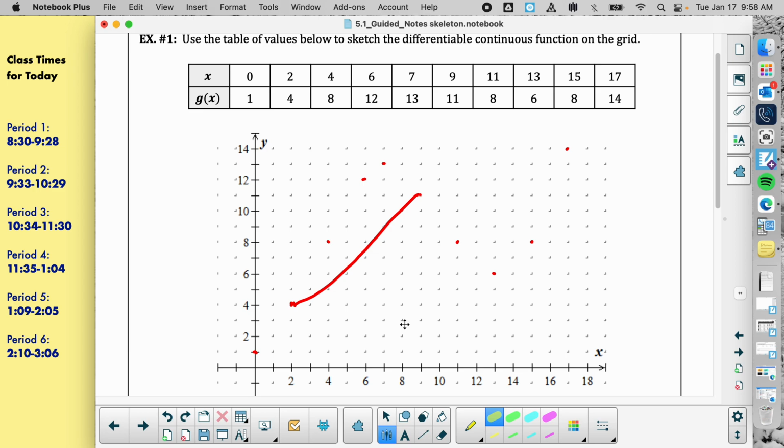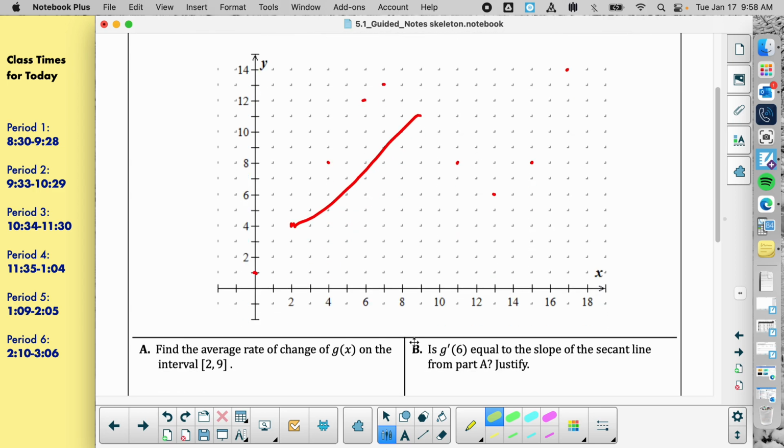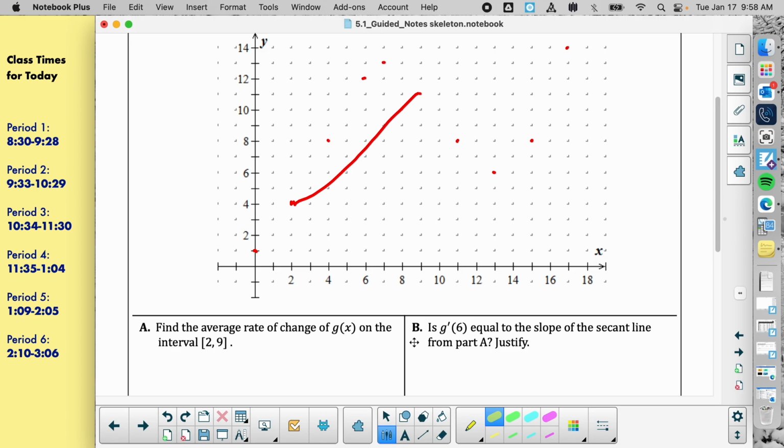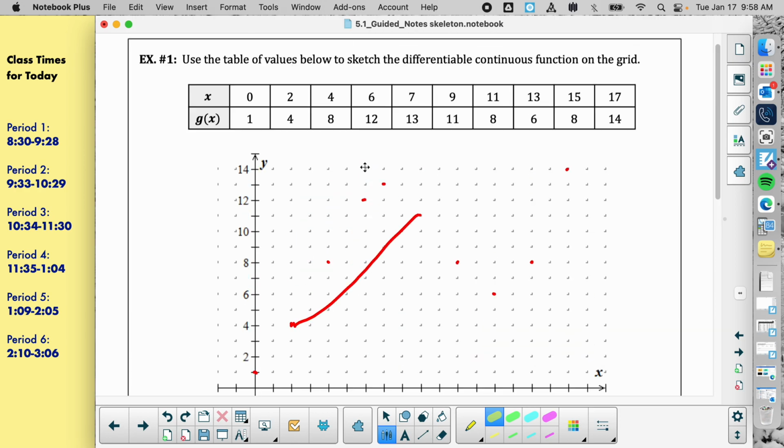Okay, so if you guys heard that, G prime of 6 stands for the instantaneous slope at 6. This says, is that equal to this slope? Well, we have no idea. We're not told G prime, we're not told an equation, so there's no way for us to calculate it. We could estimate the slope at 6 by taking points before or after it, but there's no way for us to actually calculate it.